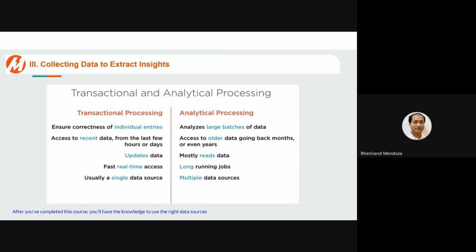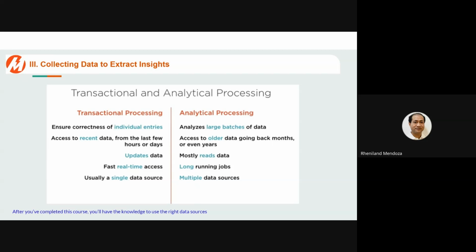In contrast, analytical processing involves accessing very large amounts of data, spanning months or even years. Transactional processing typically involves updates of the data in real time, whereas analytical processing mostly involves reading the data to extract what we call insights.